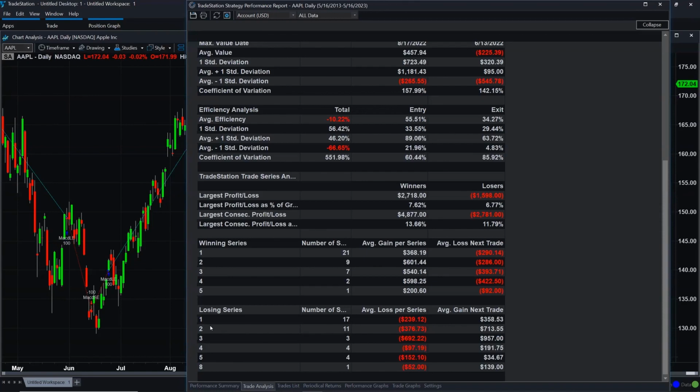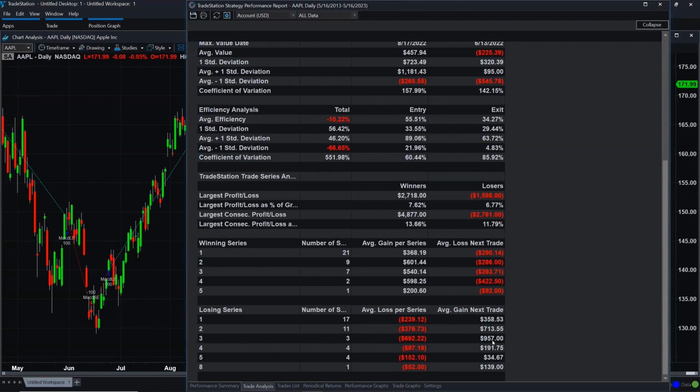Not bad, if you lose 2 times in a row, that's not such a bad streak. Although we have to look at the average loss per series, $376. But if you look at over here, the row number 3, consecutive losing trades that happened 3 times in a 10-year span. And the average loss was 692.